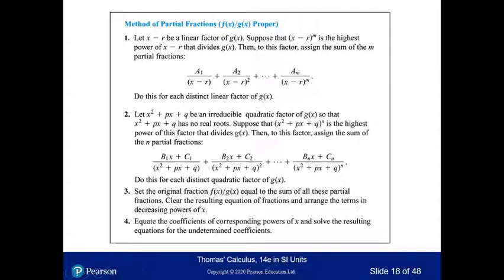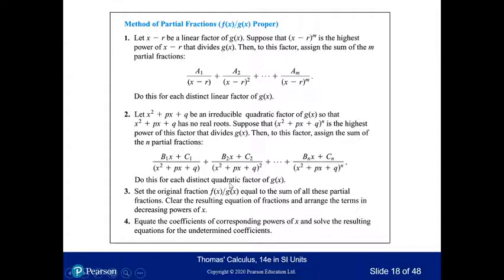If that's the case, and let's say n is the highest power of this factor, then you do a similar thing, but on top, instead of a constant, you have the linear expression B1x plus C1, B2x plus C2, and so on. You're going to do this until you exhaust the power, adding them up. We do this for each distinct irreducible quadratic factor of g.